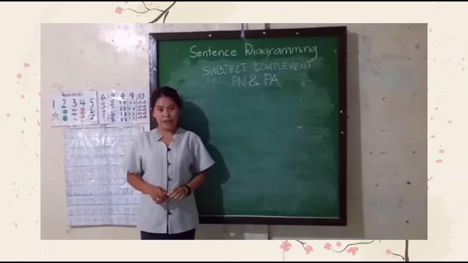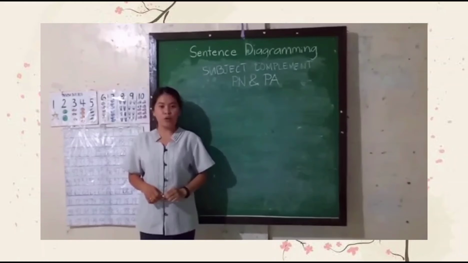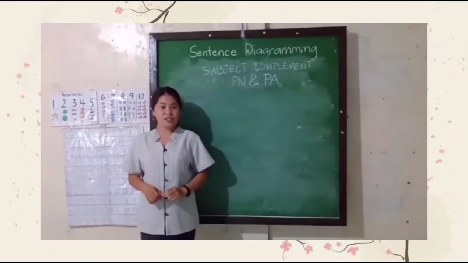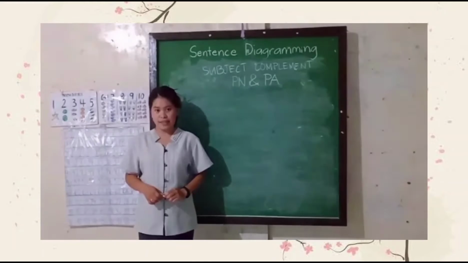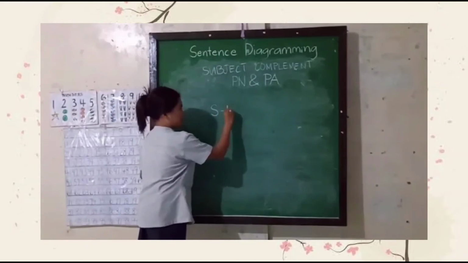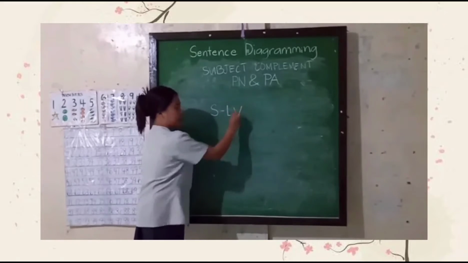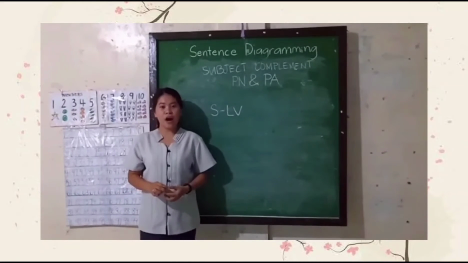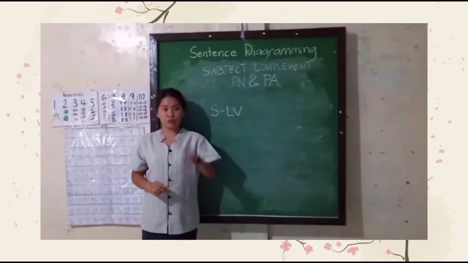Subject complements complete the meaning of the subject and always follow linking verbs, so they're pretty easy to spot. Our sentence order will look like this: the subject, linking verb, and complement. Now, the complement can take two forms.